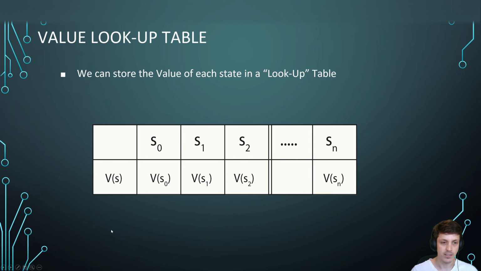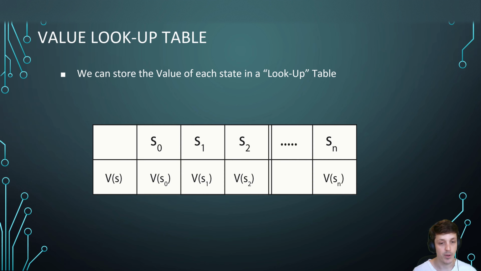And then we look up in our value lookup table what the value of each of those states are, and simply pick the action that gets us into the state that has the highest value, right? So that's sort of the policy at test time. All we do is we check our state-action table and pick the action that gets us into the state that has the highest value.